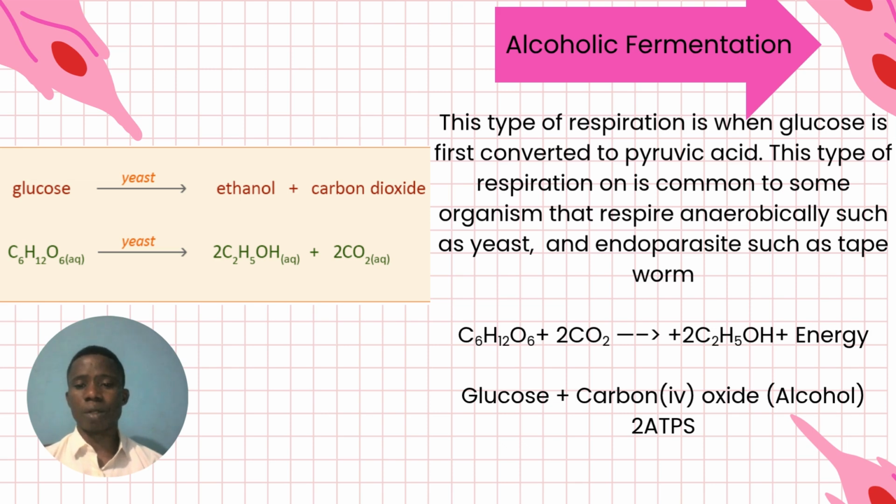As I have said, the image displays the chemical equation for the fermentation of glucose by yeast. Now, looking at the reactant side, glucose is a simple sugar, the energy source for the yeast.